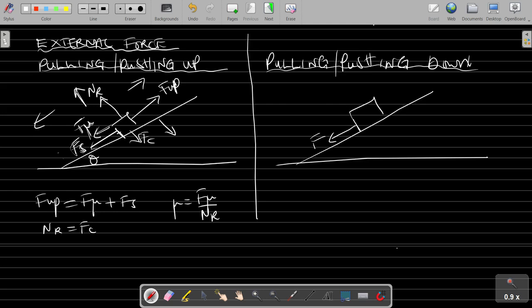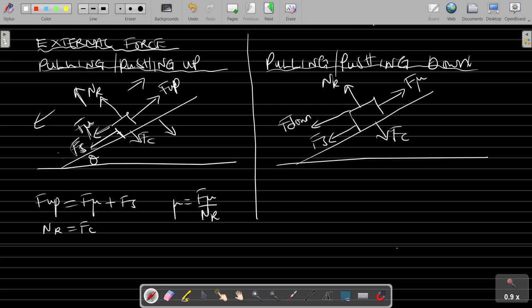We have Fs, we have Fc, we have the normal force. Now we have a force pulling down. This is F down. Since it's pulling down, friction will go up. This is our frictional force. Frictional force always opposes the acting force. So if it's pulling downwards, friction would go upwards.